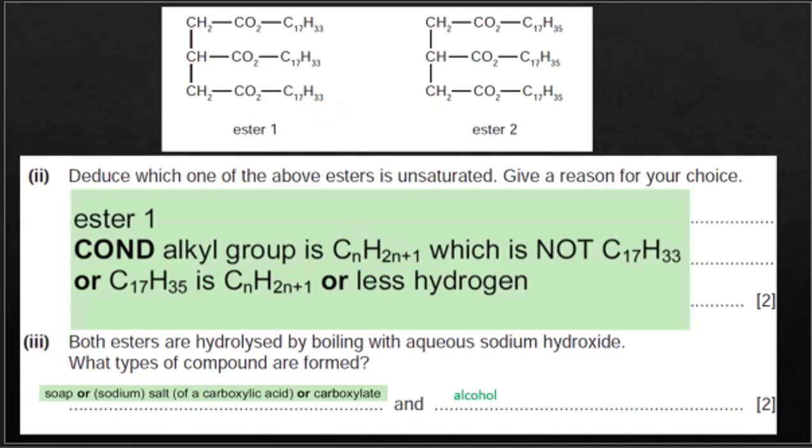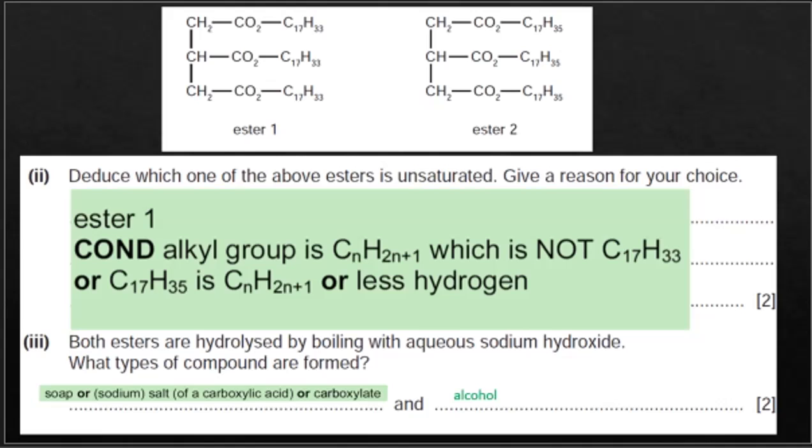All right. Part 3: both esters are hydrolyzed by boiling with aqueous sodium hydroxide. What type of compounds are formed? Basically, a soap will be formed. Coming down to the end of class today, I will play some videos with you about saponification and the making of soap, so that this will make a little more sense. But just for the interest of answering the question, a soap will be formed as well as an alcohol.